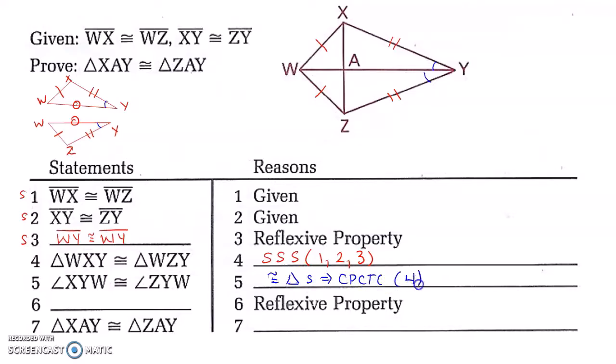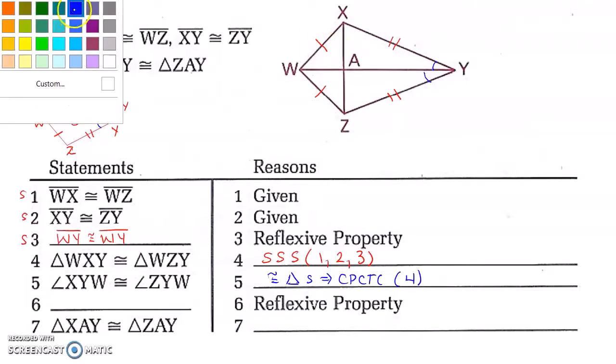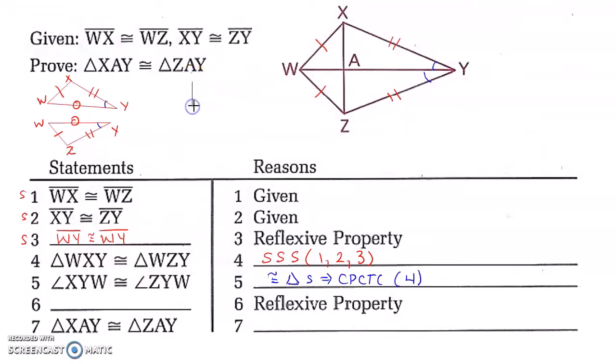My triangles are in line 4. And I'm supposed to be trying to prove triangle XAY congruent to triangle ZAY, so I'm going to now draw those separately as well.